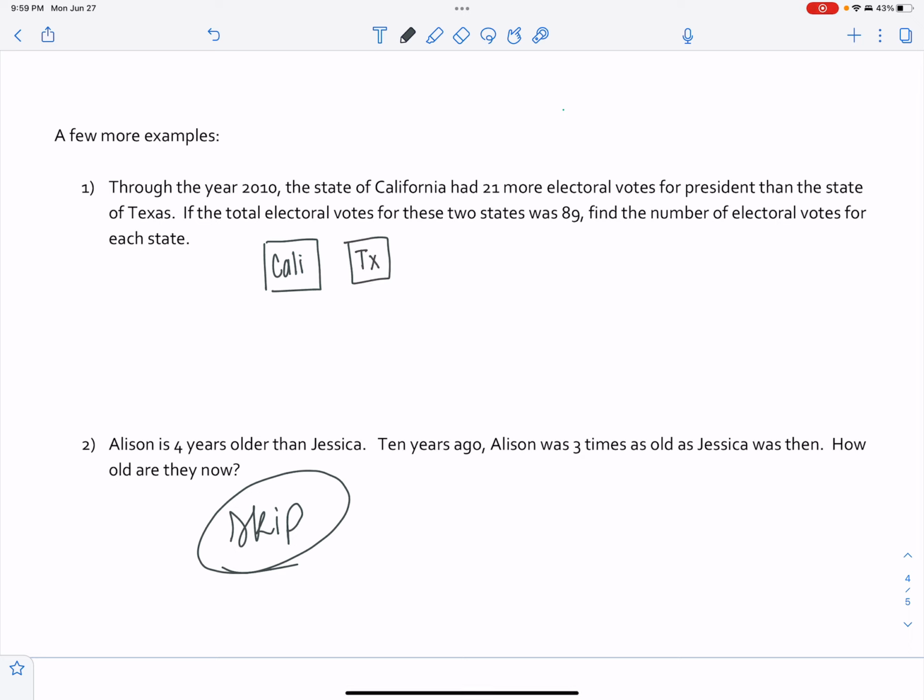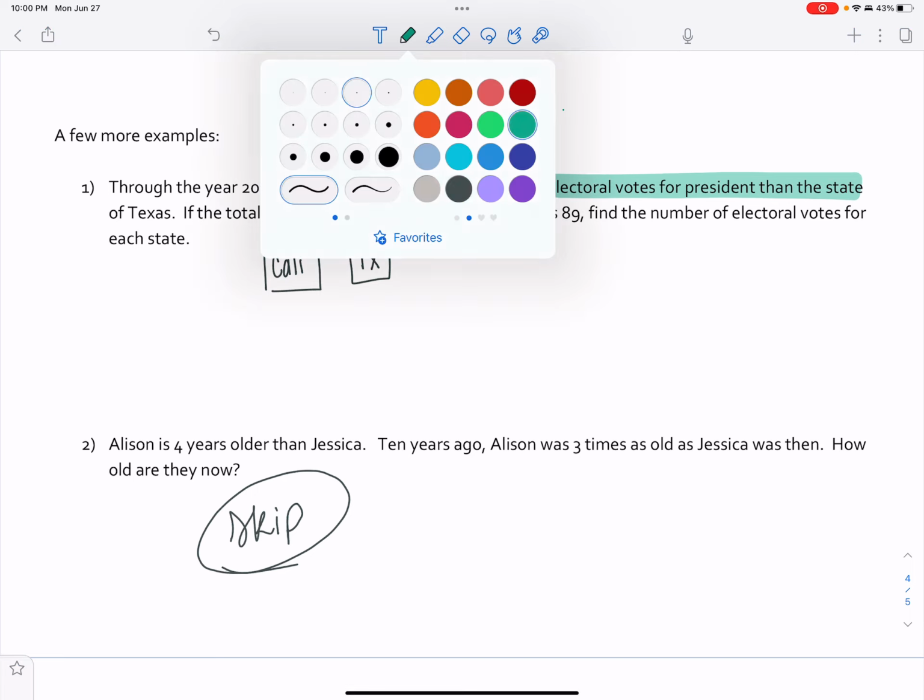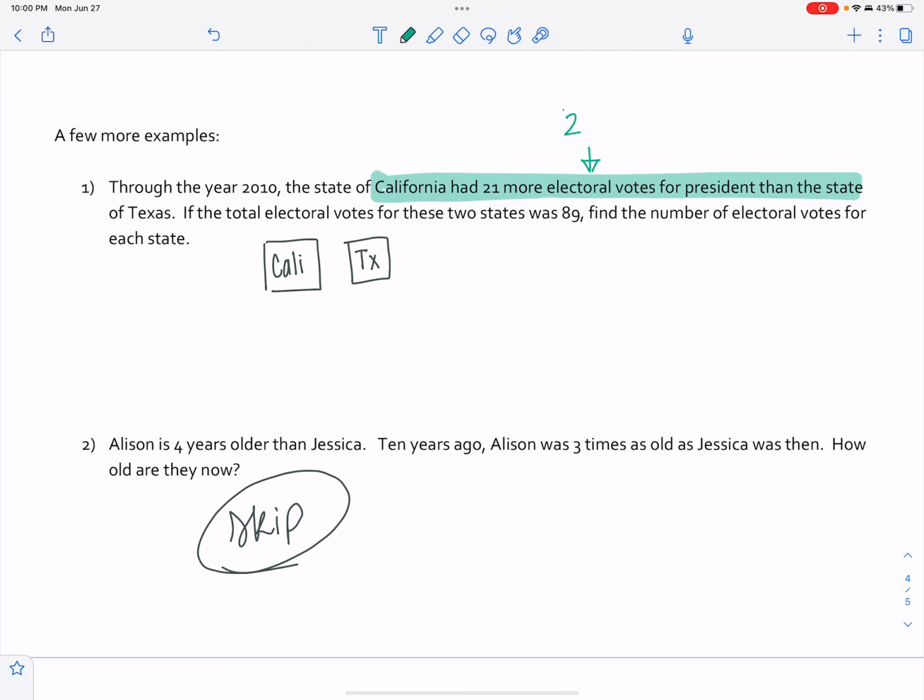The first sentence says that California had 21 more than Texas. Well, 21 more than is going to be addition.